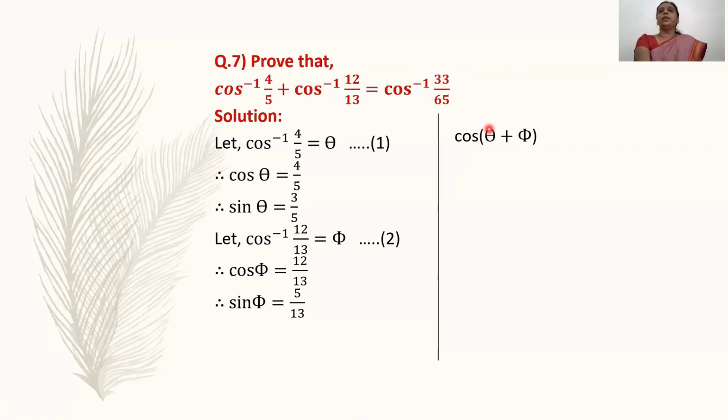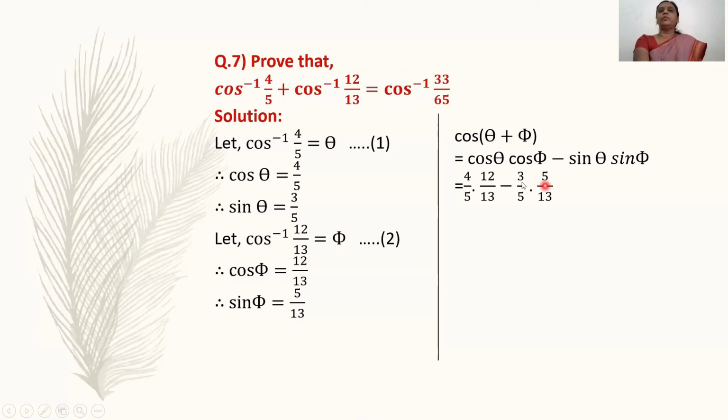Okay. Then write down the formula for cos theta plus phi. You have studied in your 11th standard the formula for cos A plus B. Now what is cos A plus B? That is cos A cos B minus sin A sin B. Instead of A and B, I have taken here theta and phi. What is cos theta plus phi? Cos theta cos phi minus sin theta sin phi.